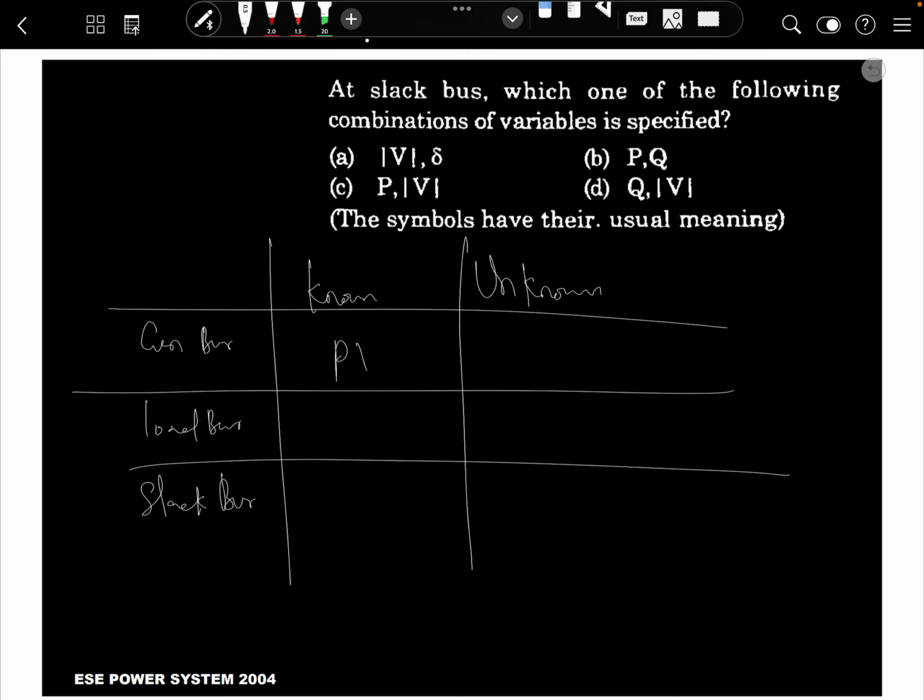In this, for the generator, PV is known; for load, PQ is known; for slack, it is the opposite of load, whatever the load has unknown is known for the slack bus. So we write here V and delta. So V and delta are known for the slack bus. Check V and delta in the options. A is correct. I hope you understand. We have solved this in previous ones also.